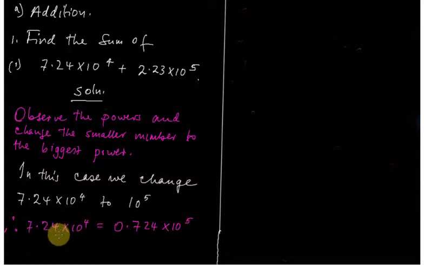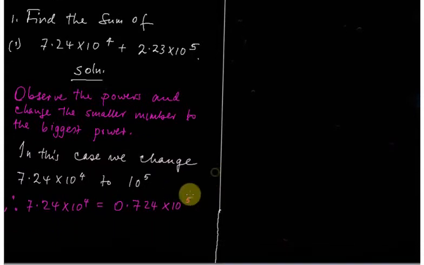If we make it to the bigger power, the decimal goes down 1. When the power goes up 1, it means it will be times 10 to the negative 1 to go back, which gives us 10 to the 4. So that's how we change. We can change down or up the way we want, but in this case we went up. So going up, we go down in the decimal numbers.